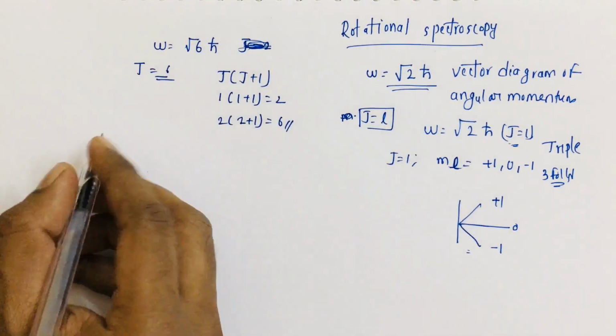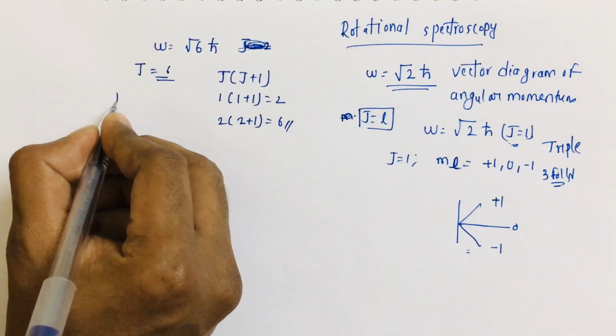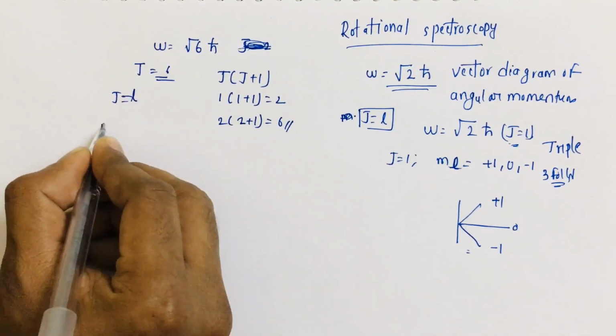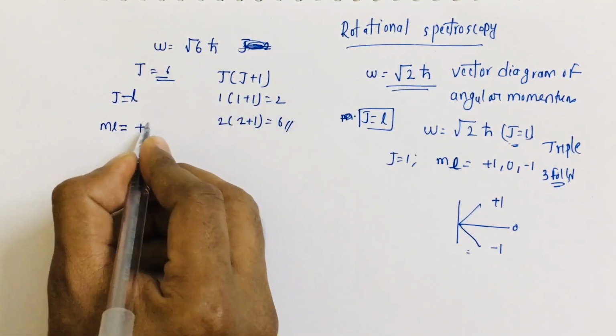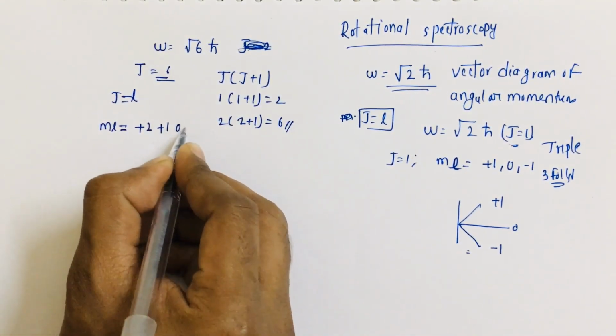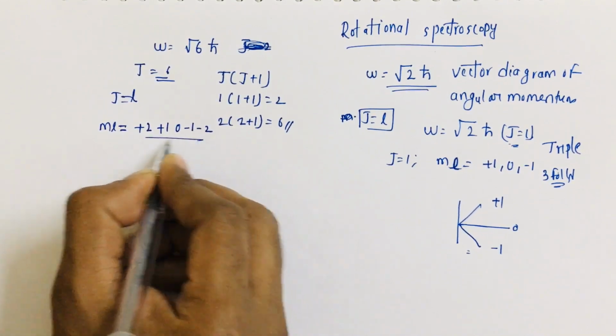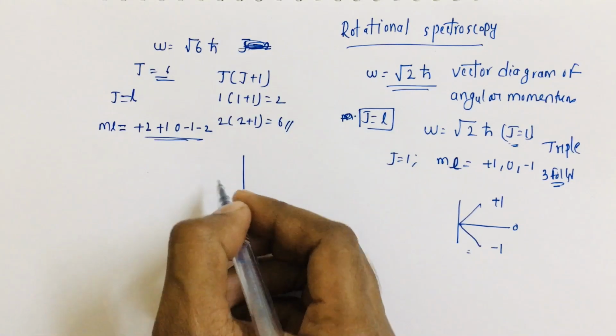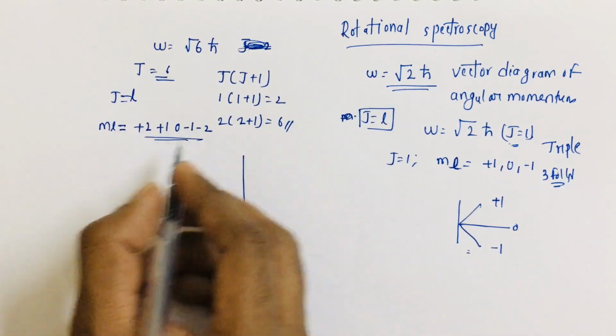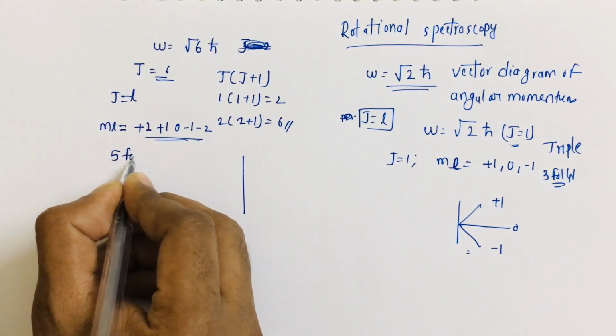Since j equals l, the ml values will be plus 2, plus 1, 0, minus 1, minus 2. This is fivefold degenerate.